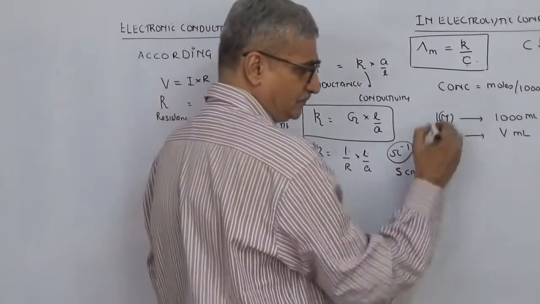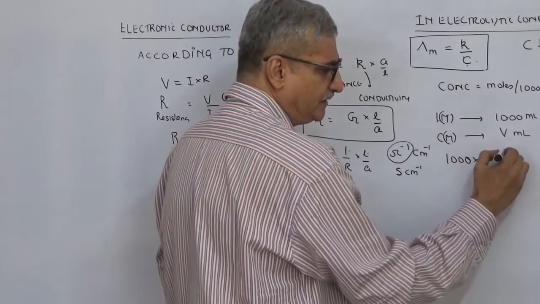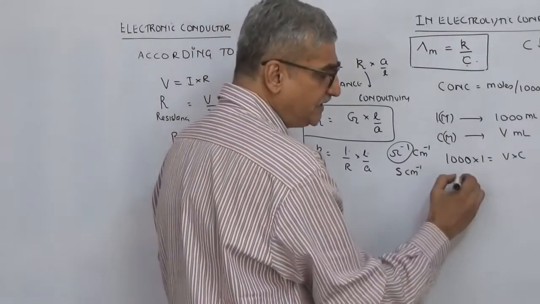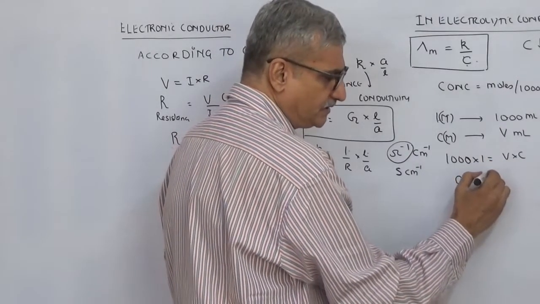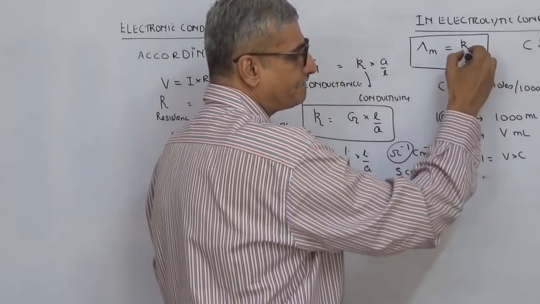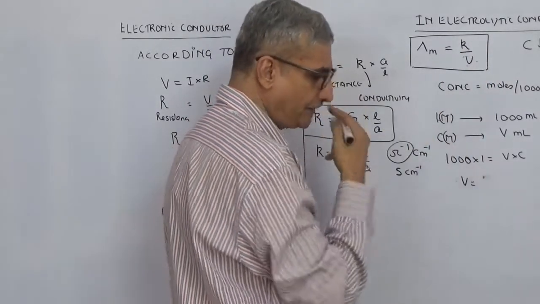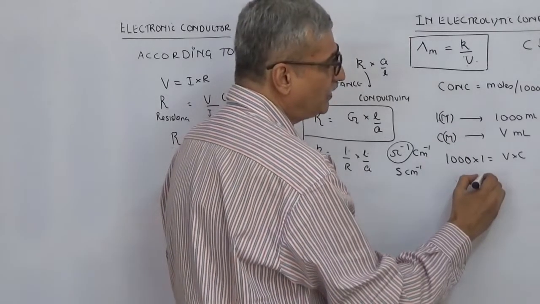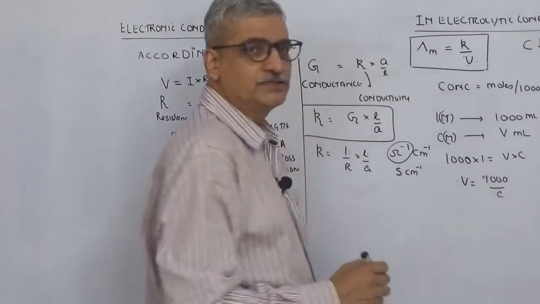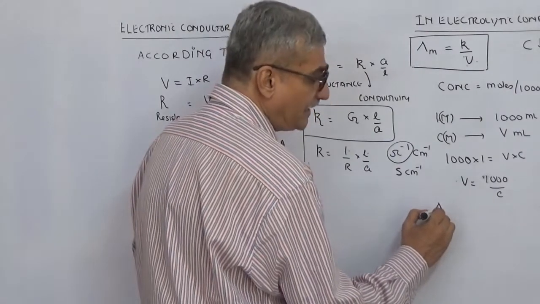What do you get? 1000 into 1 will be V into C. So your C, the concentration, now becomes 1000 upon V. So your V will be equal to 1000 upon C.